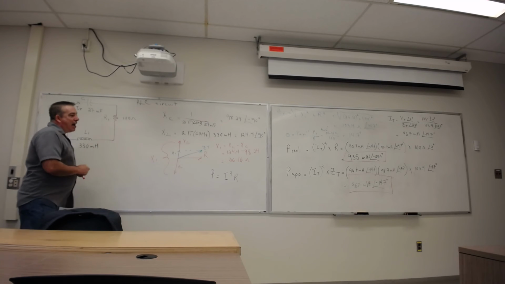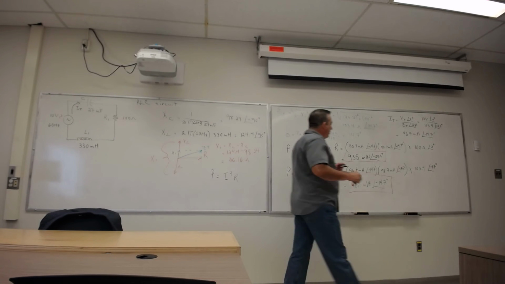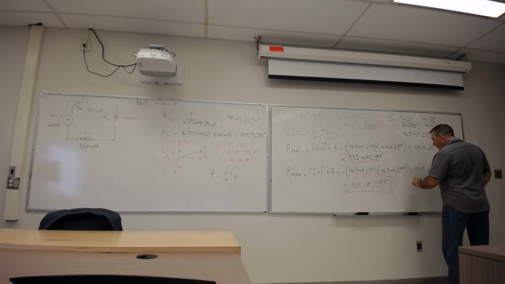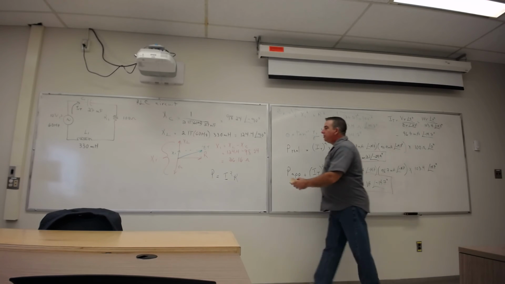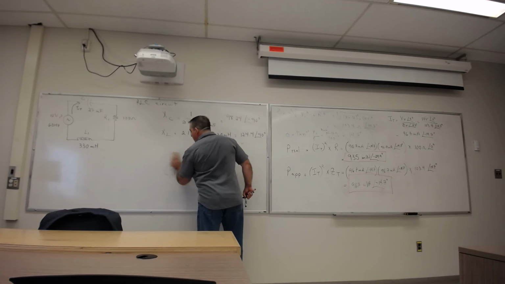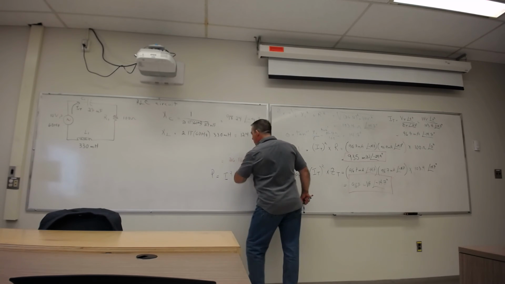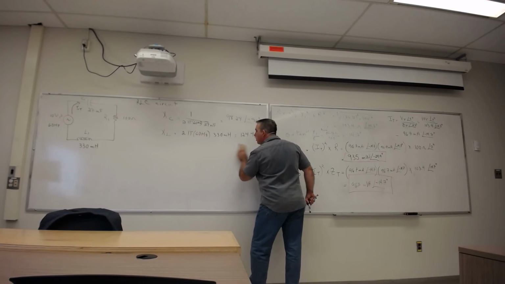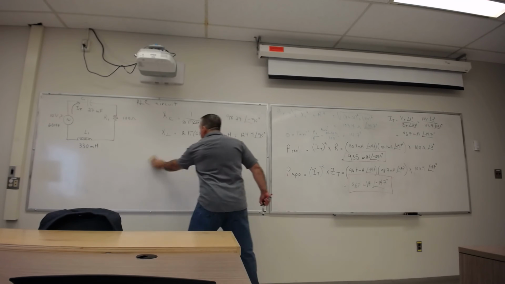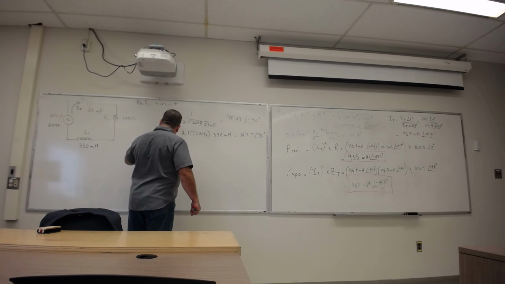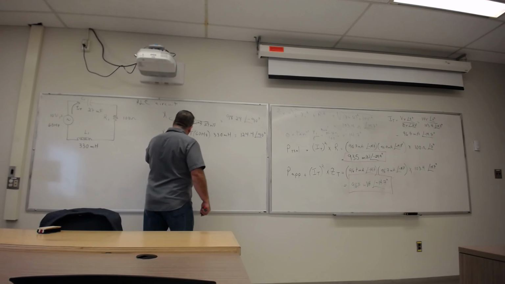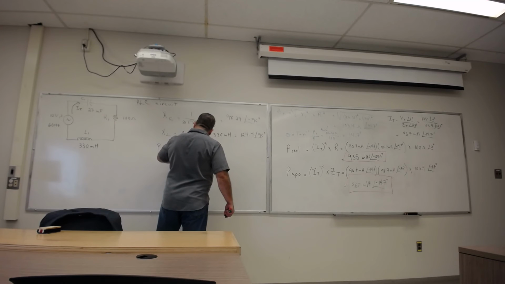So power factor is going to be the following. If you want your power factor, let me erase some stuff here. So your power factor is your real power over your apparent power.